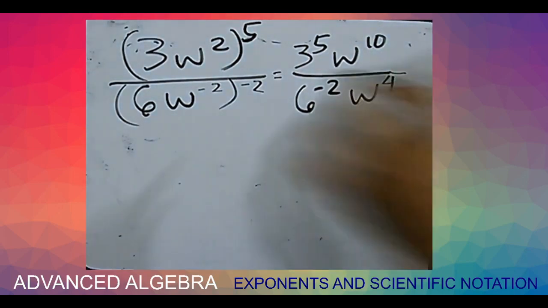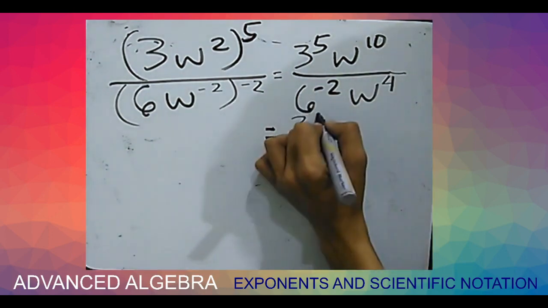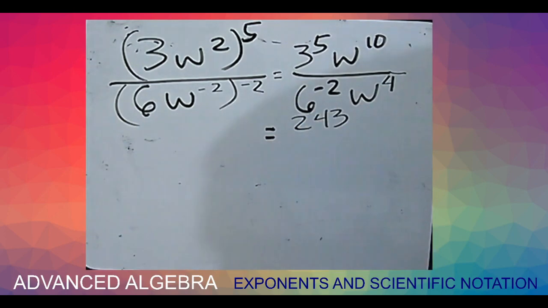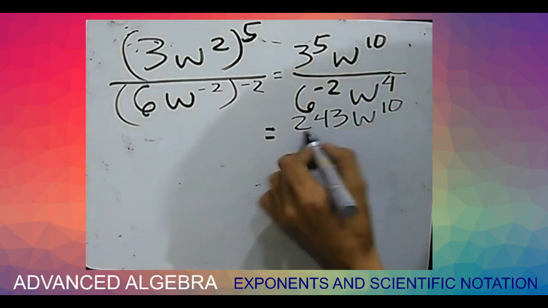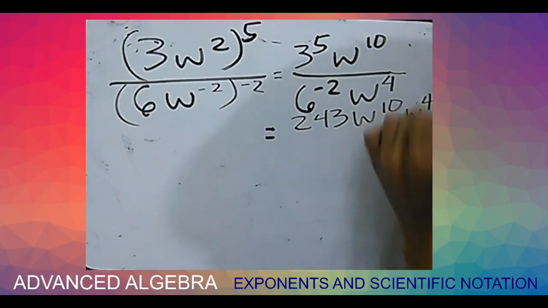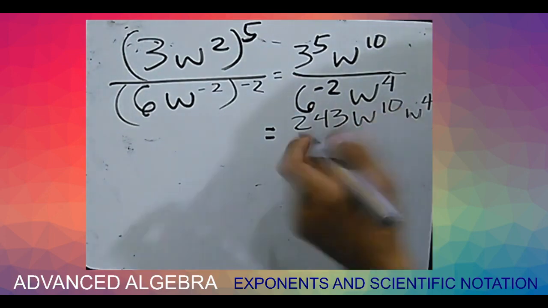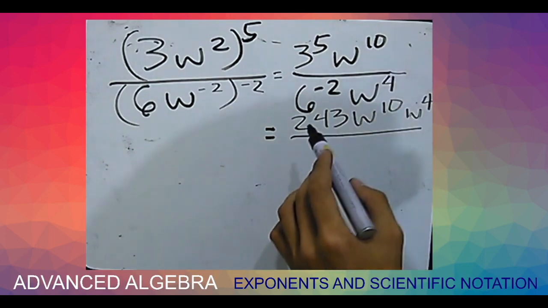So next. 3 to the 5th power, ang sagot diyan ay 243 pag sinimplify. 3 times 3, 9 times 3, 27 times 3, 81 times 3 is 243. W to the 10.